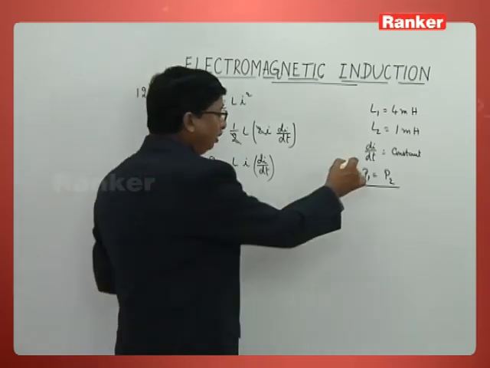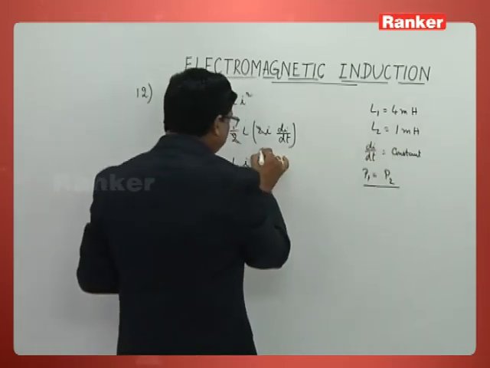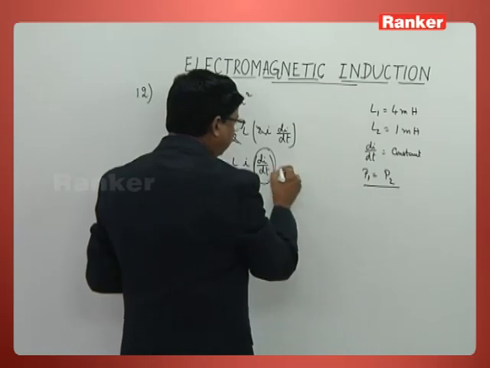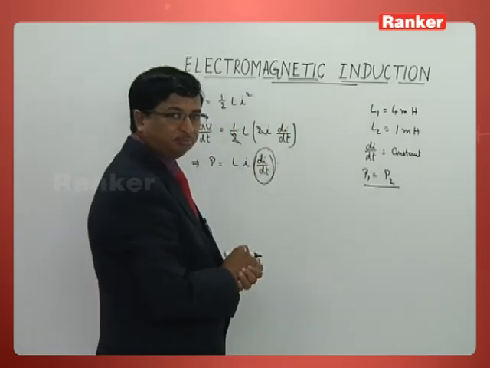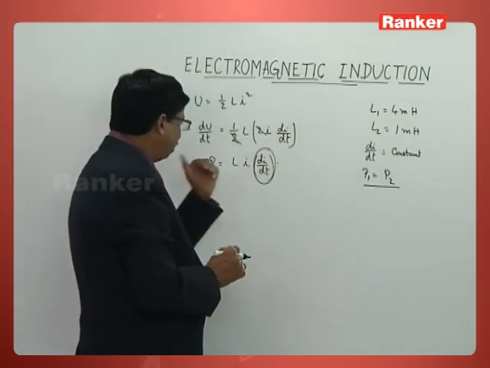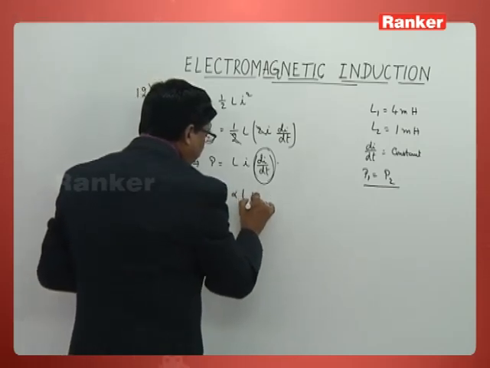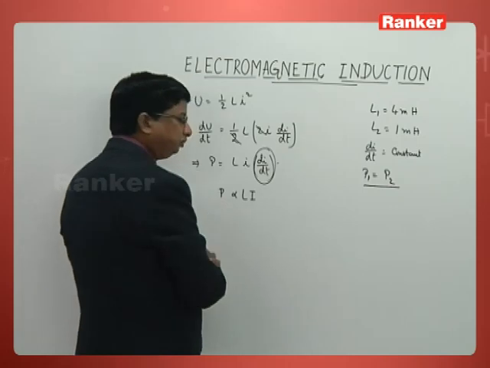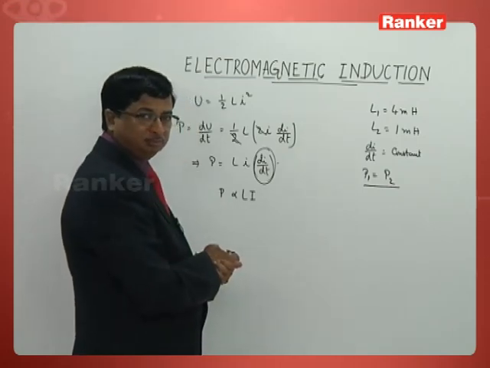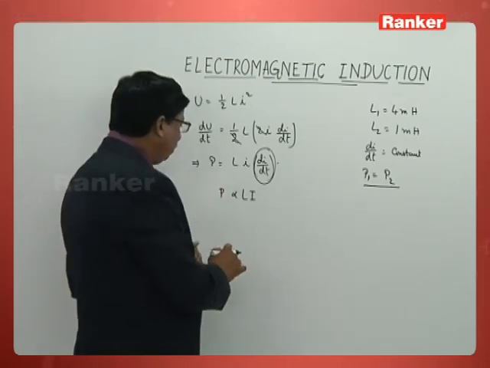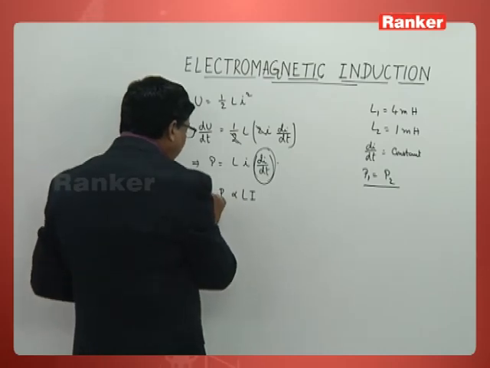So I have already written di by dt, according to the description, it is constant. Then when this is constant, power should be proportional to L into I, and he gave that the powers are equal.